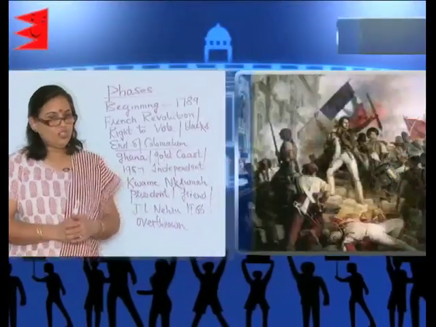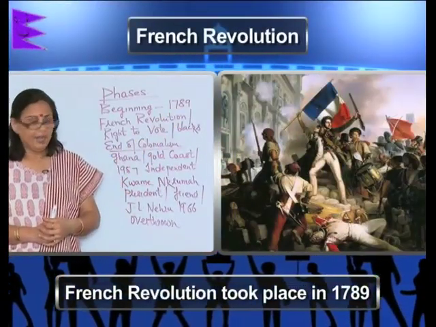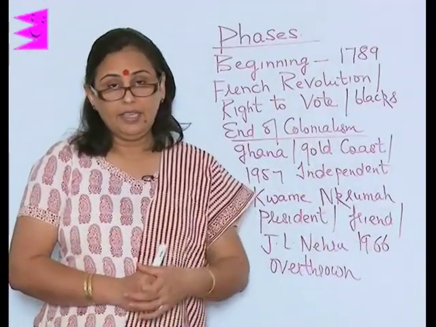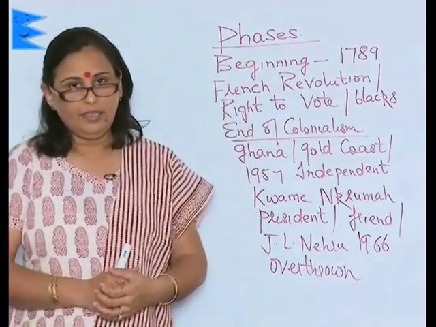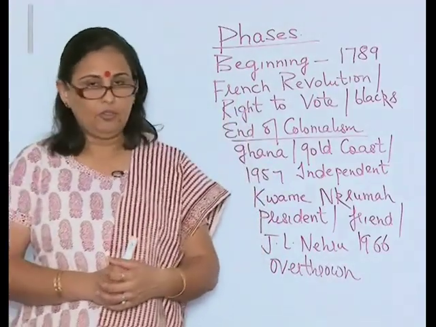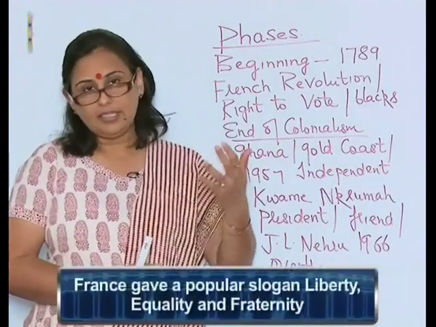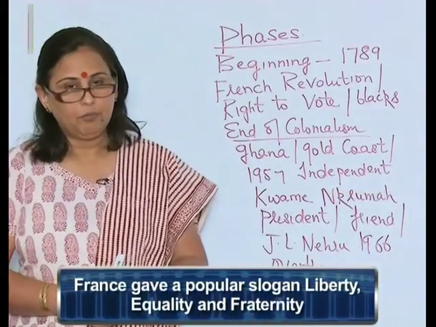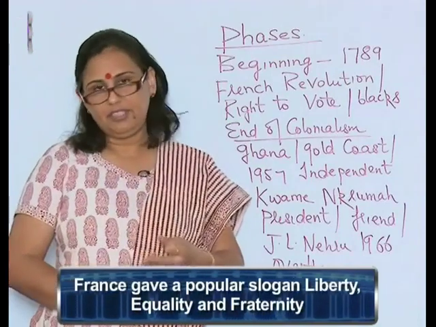When the French Revolution took place in the year 1789, the then monarch Louis XVI and his wife Marie Antoinette were killed, and France gave a popular slogan to the world, which was liberty, equality and fraternity.